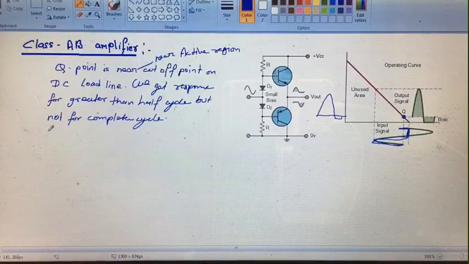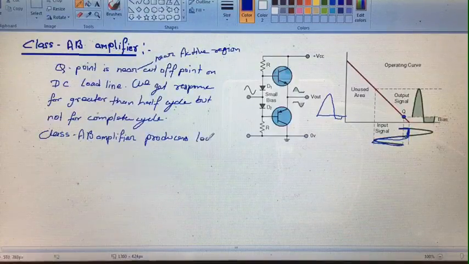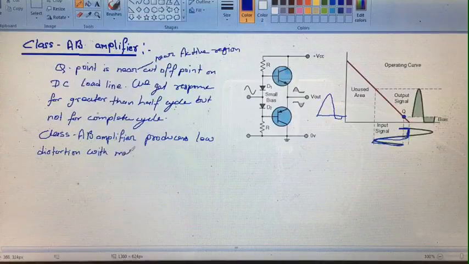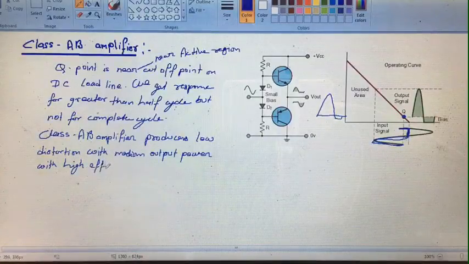Class AB amplifier produces low distortions with medium output power with high efficiency.